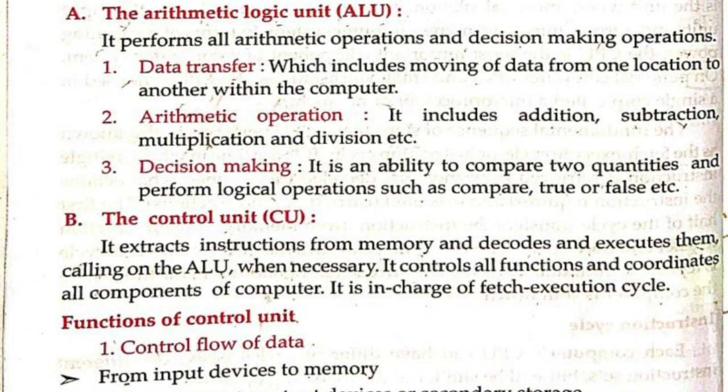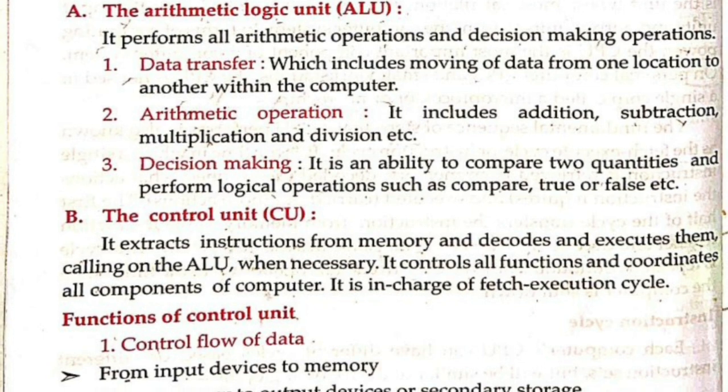Arithmetic operations include addition, subtraction, multiplication and division, etc. Decision making is the ability to compare two quantities and perform logical operations such as comparing true or false, etc.